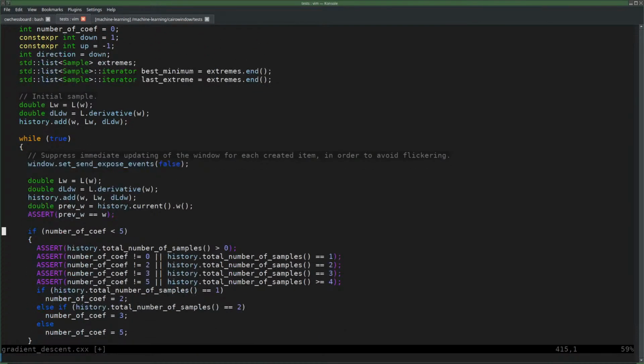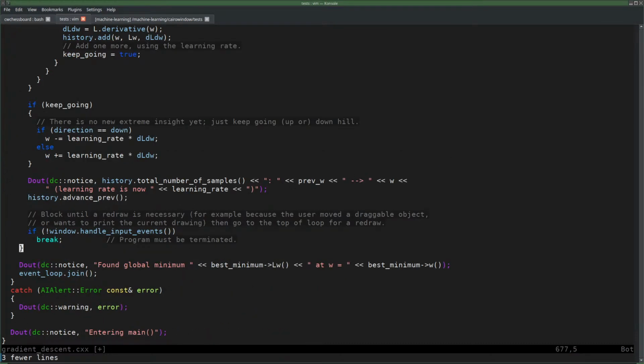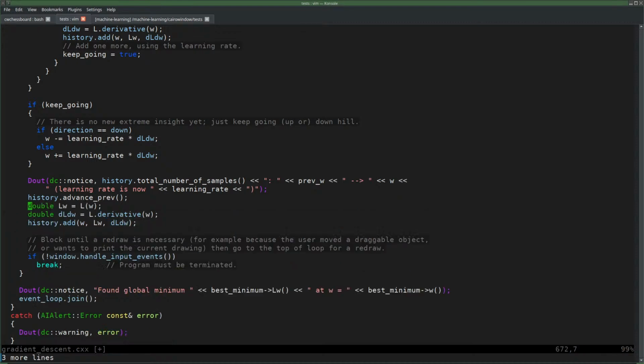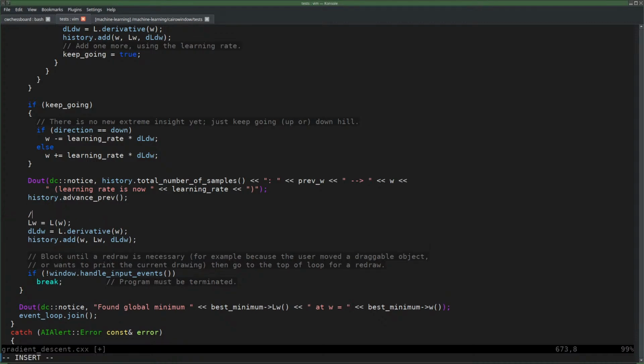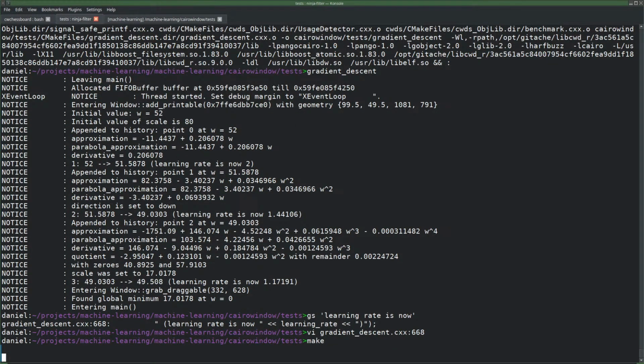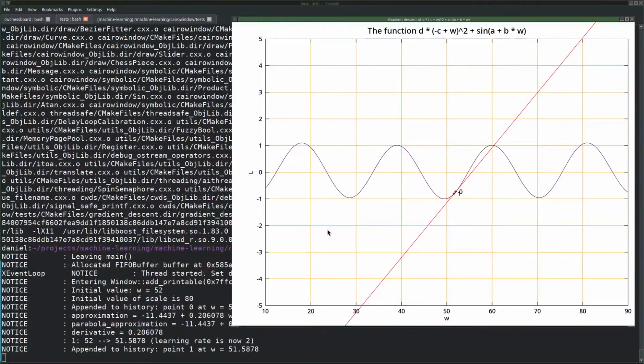And then I move this to the end of the loop. Yep, so now it starts.